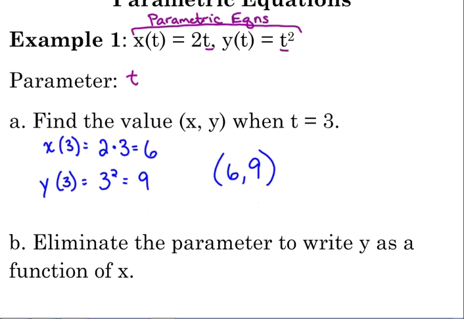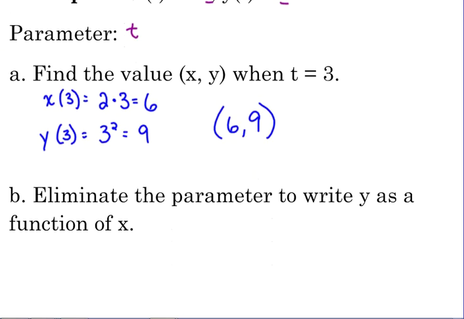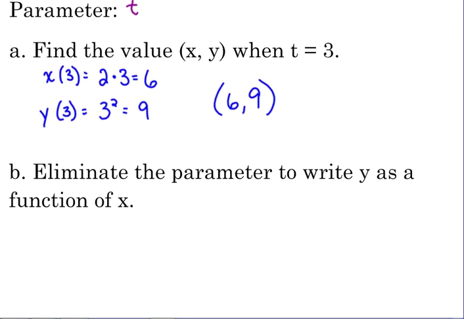All right, now something else you may be asked to do is to eliminate the parameter and write y as a function of x. So what we're going to end up doing is substituting. Eliminate the parameter, that means the parameter is t. We're trying to get rid of the t, so we're going to substitute to get rid of the t.